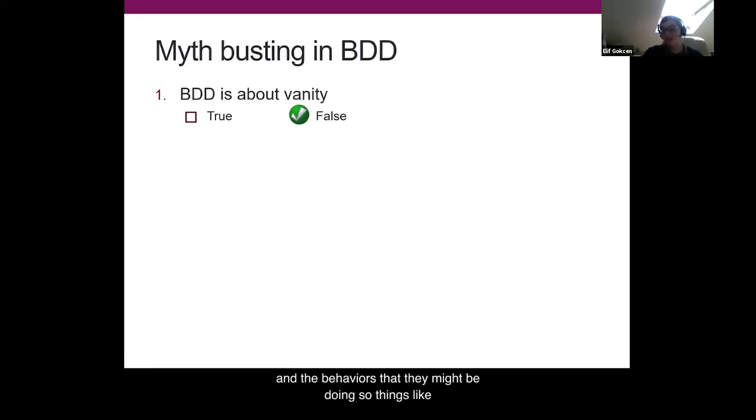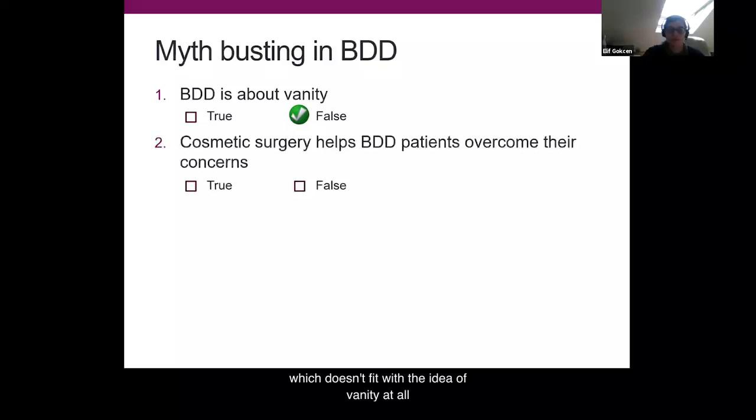And the behaviours that they might be doing, so things like checking their appearance in the mirror, wearing excessive amounts of makeup, or wearing certain clothes, isn't because they're finding this enjoyable. It's to reduce the extreme distress that they're experiencing, which doesn't fit with the idea of vanity at all.